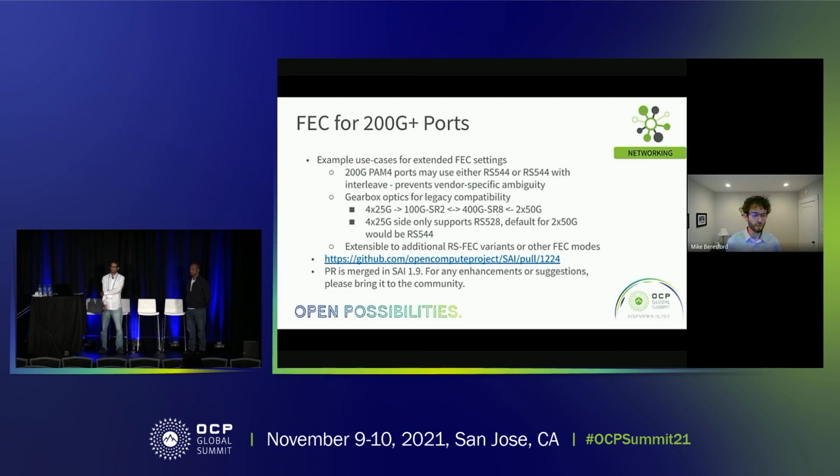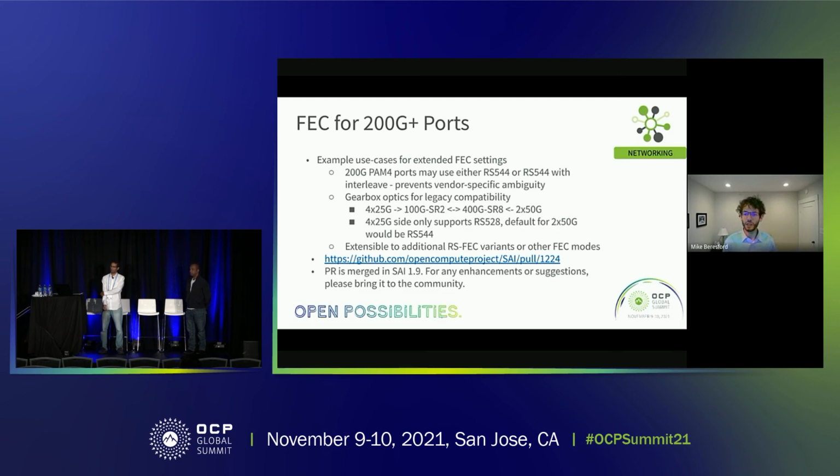Another use case we came up with here is for a gearbox optic to a legacy platform. So as an example, we might have a system that uses 4x25 gig lanes going to an SR2 gearbox optic. And that 4x25 gig would typically only support RS528. In fact, it wouldn't support RS544.